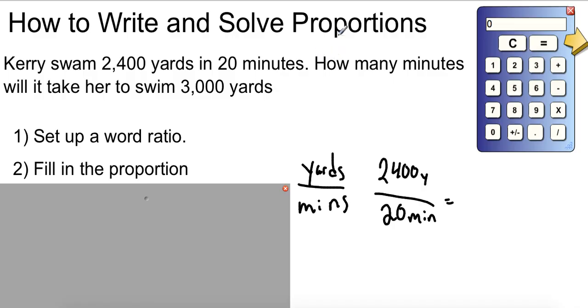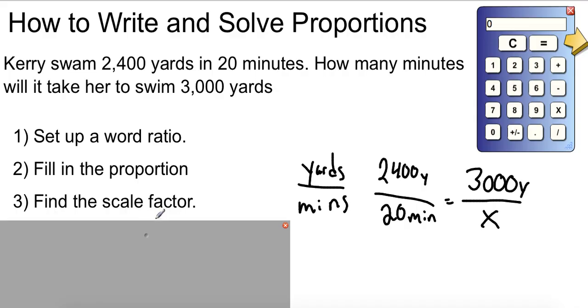And this says, how many minutes will it take her to swim 3,000 yards? So I know that she'll be swimming 3,000 yards. I don't know how many minutes that's going to take her yet, so I'm going to leave that as the variable x.